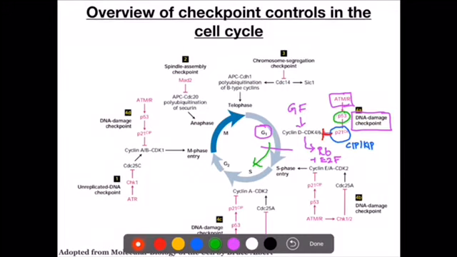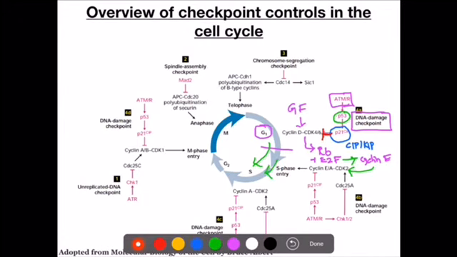Binding of E2F to DNA causes transcription, and this transcription produces cyclin E mRNA, and this cyclin E is required for the activity of CDK2. This CDK2-cyclin E complex enables the cell to enter into S phase.